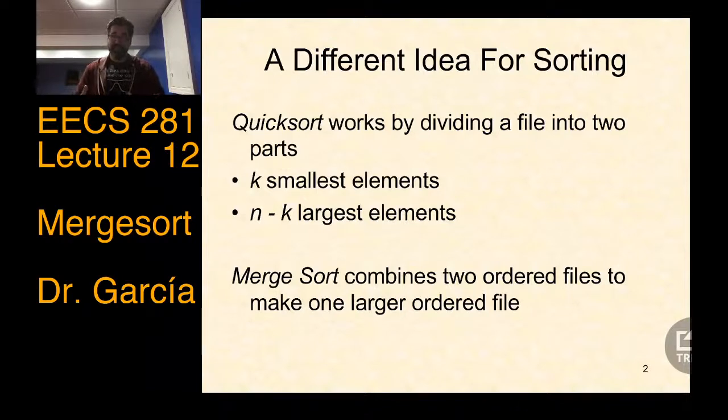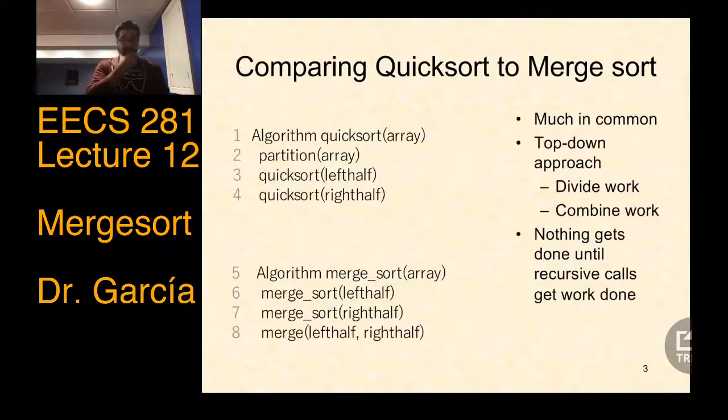Let's see what that distinction is in terms of pseudocode. Quicksort is effectively more of a top-down algorithm, whereas Mergesort is the opposite. It's more of a bottom-up approach.